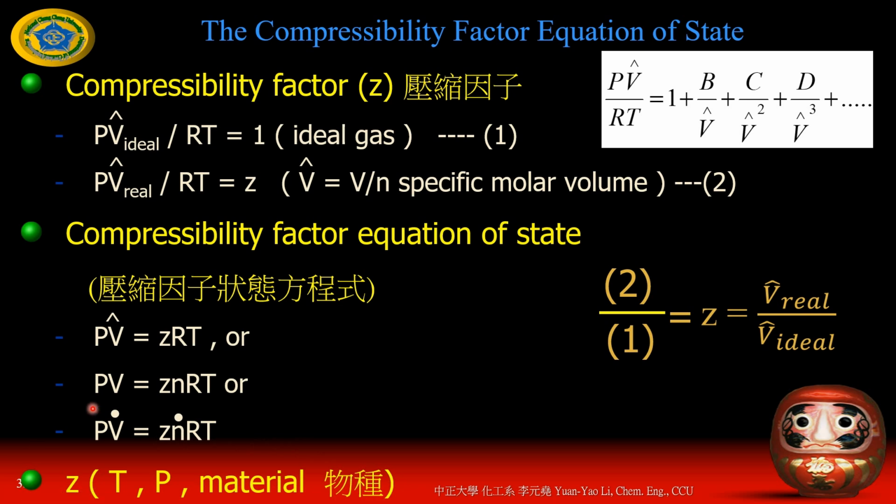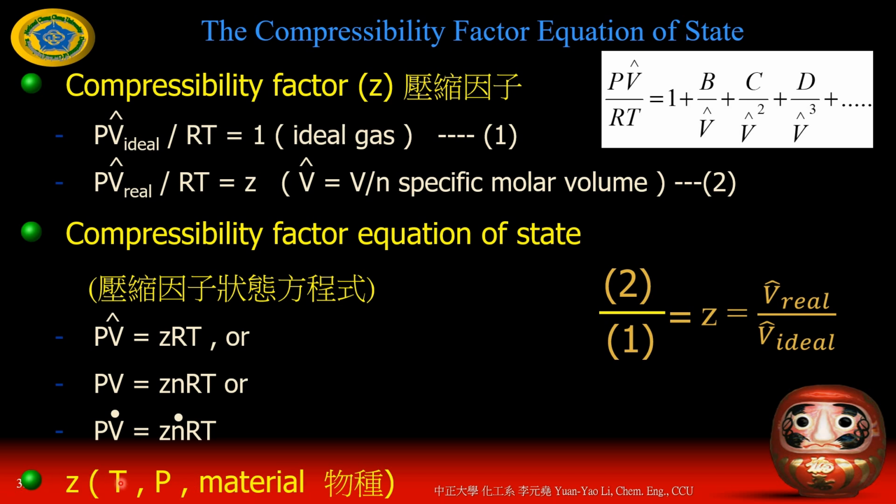So how can we determine Z here? You know that Z will be a function of the temperature and the pressure. And because Z is a compressibility factor, it is regardless of the volume. So Z will be a function of temperature and pressure, and also the different types of gas, like carbon dioxide, nitrogen, helium.